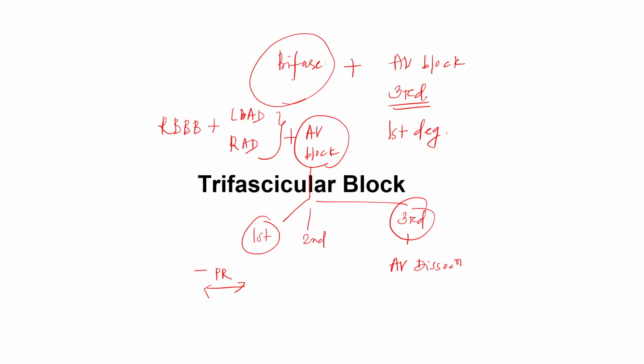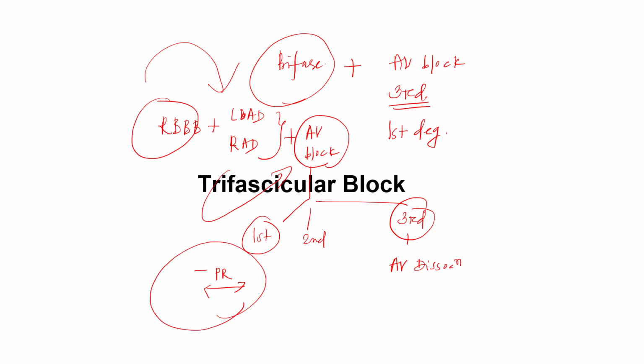So just remember, whenever you are getting right bundle branch block, the next step is look at the axis. If there is an axis deviation, it is bifascicular block, and the next step is you have to look for evidence of AV block. That means you look for the PR interval. Okay, so I'll repeat again. Whenever you are finding RBBB, you should not stop there.